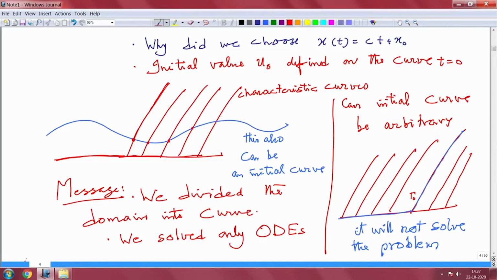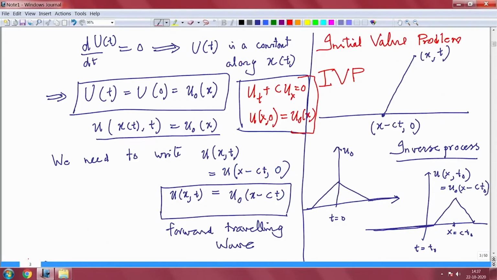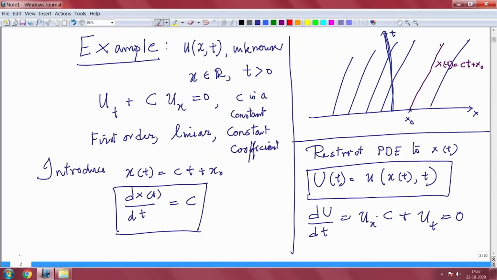So, look at here, you see you have solved this equation, du by dt equal to 0. Of course, it is an easy equation, it will become more complicated, but this is the second equation we have solved.